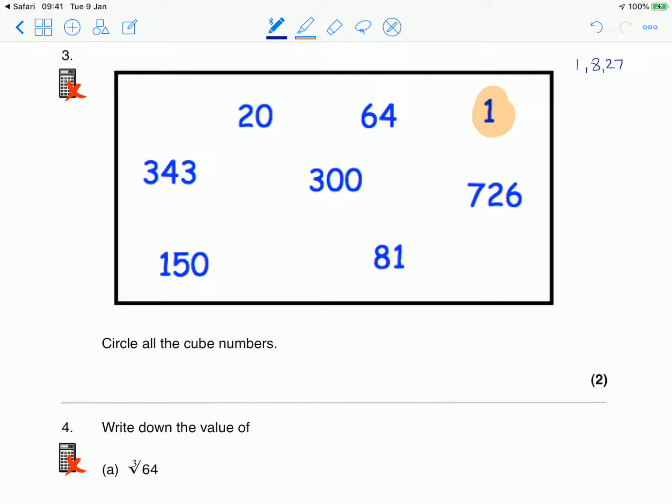That's not in there. 4 times 4 times 4 makes 64. 5 times 5 times 5 makes 125. 6 times 6 times 6 makes 216. 7 times 7 times 7. Well, we haven't had that one. That makes 343.